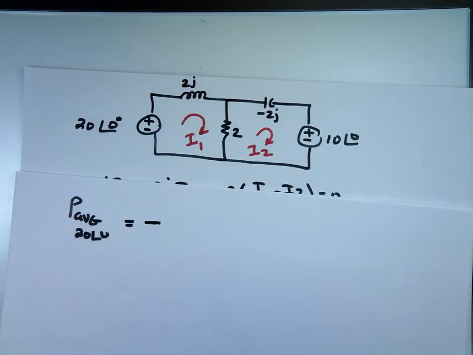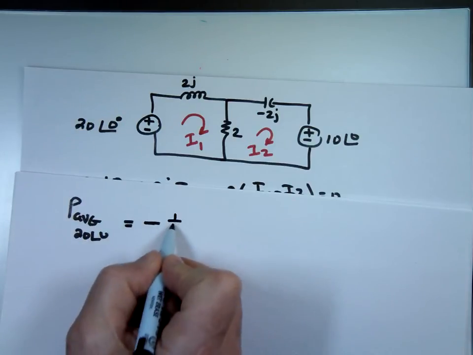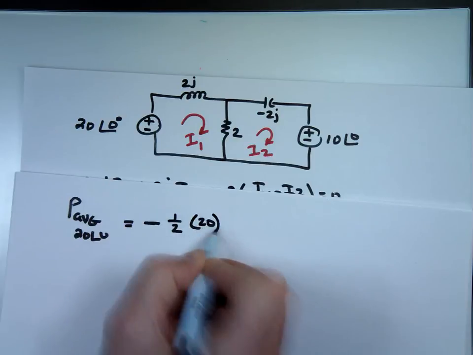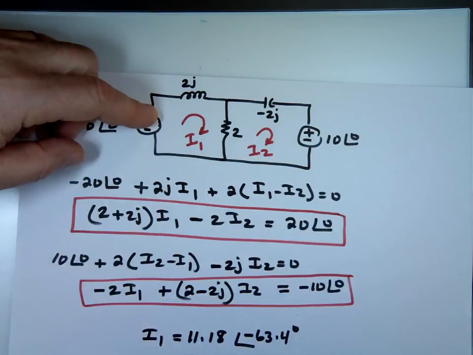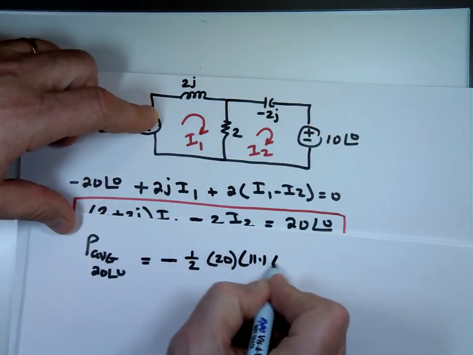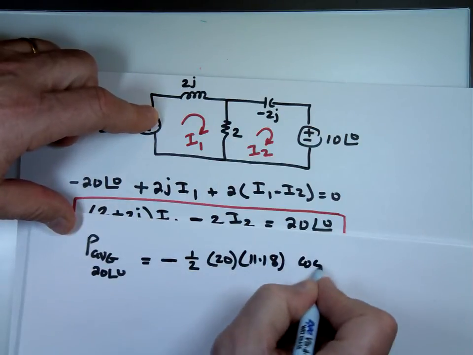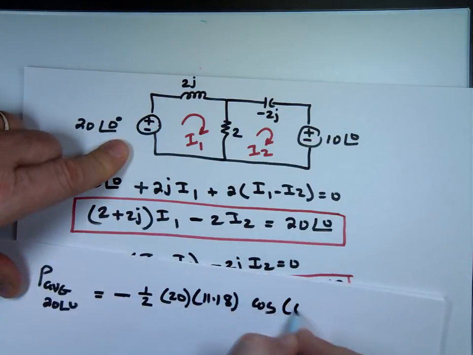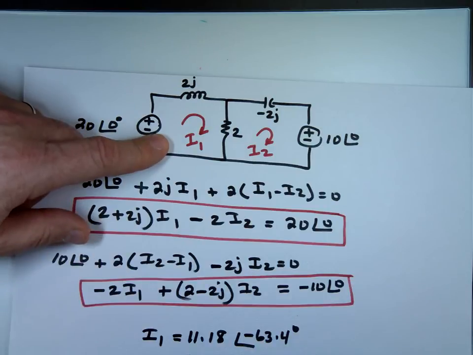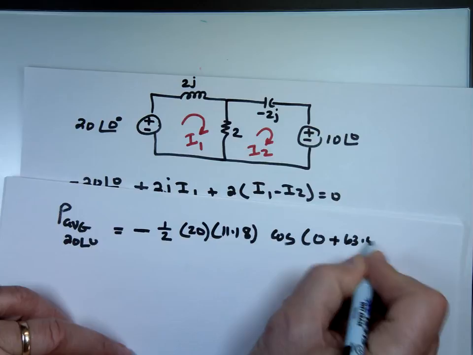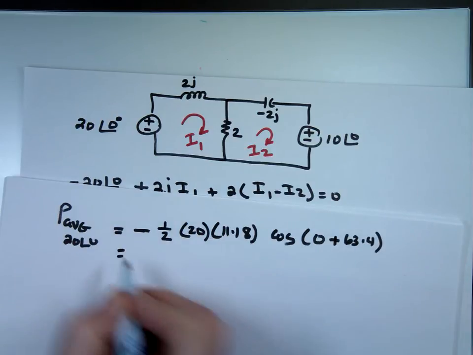1/2 V max, which is 20, times I max, that's I sub 1, which is 11.18, times cosine of theta V, which is 0, minus theta I, and theta I for I sub 1 is -63.4.